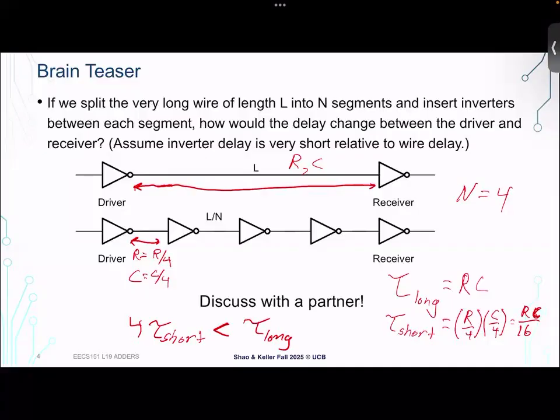But in this assumption, we basically said ignore inverter delay, right? So that pretends that inverter capacitance and resistance is very small compared to that of the wire. So given that assumption, those who said that delay would decrease were correct. And it's because of this, at an analytical level anyway, it's because of this fundamental property that delay grows with the square of wire length. So we don't like to have really long wires.